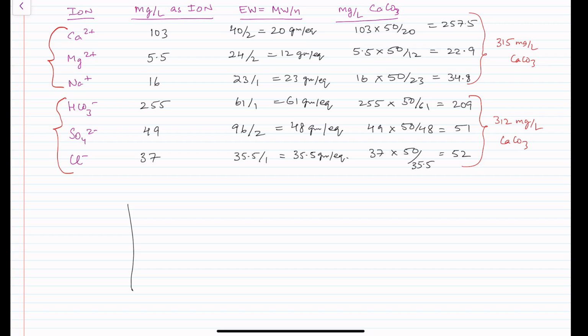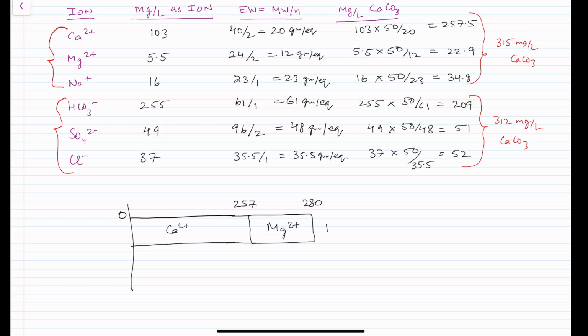So on the top I'll have all the cations. The first one is calcium, and the calcium goes from 0 up to 257, and I'm just rounding off the numbers here. Then after that it's magnesium, which goes to 23, and adding 257 to 23 gives me 280.